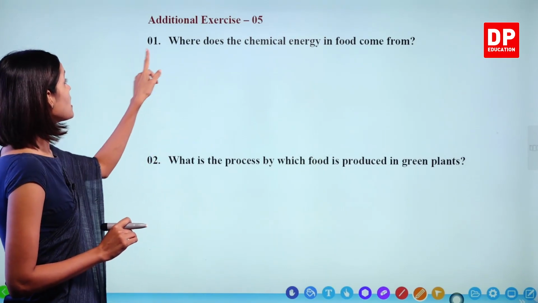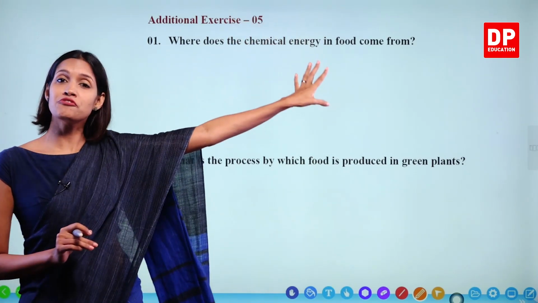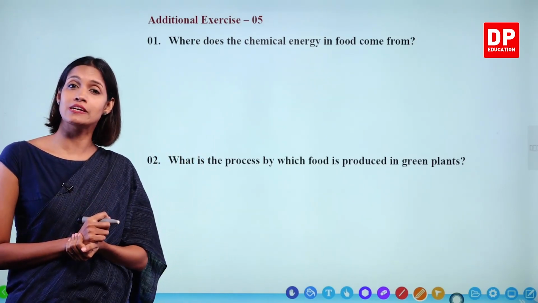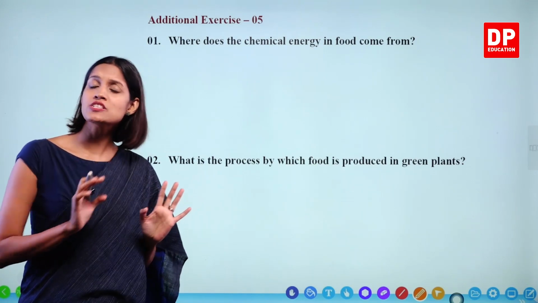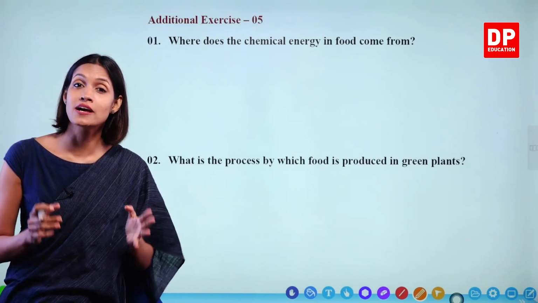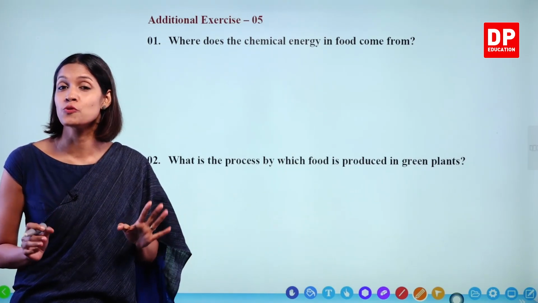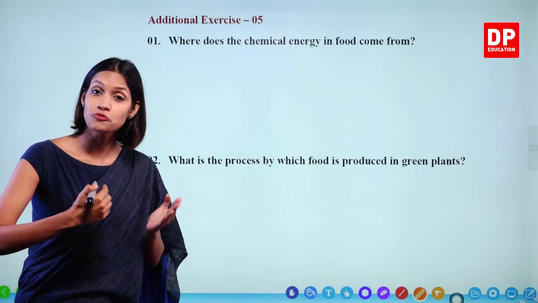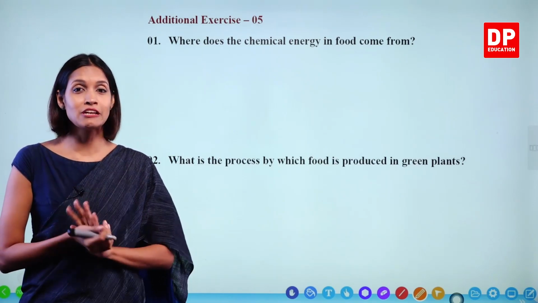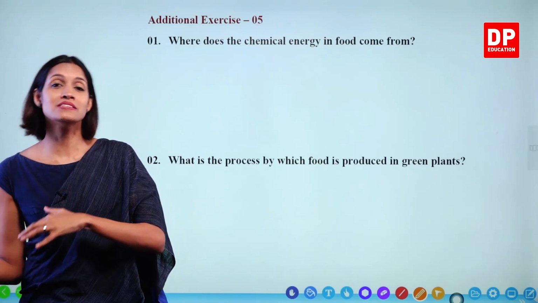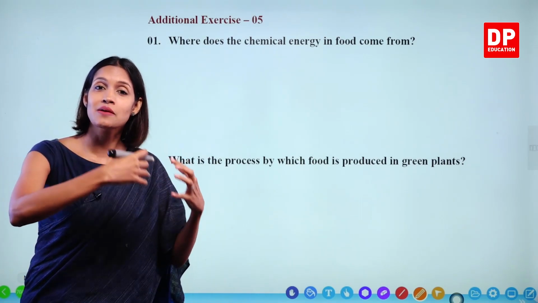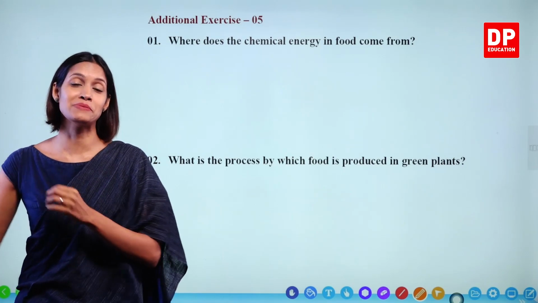Okay. So where does the chemical energy in food come from? From which place does this food get this chemical energy? What is the place where food is produced in the first place, children? That is by plants. You all know that plants can produce their own food, and this is known as photosynthesis. During photosynthesis, plants produce their own food. This food also has chemical energy. When animals directly or indirectly depend on this food or on plants, this chemical energy goes to the animals.